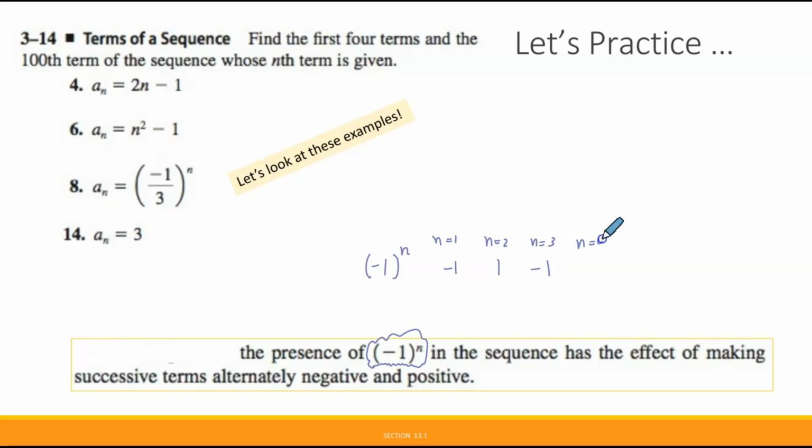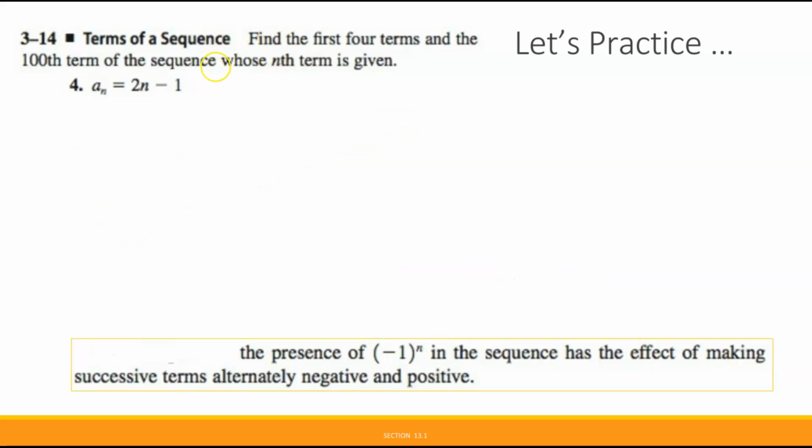N equals 4, negative 1 to the fourth is positive 1. And so what you can see is if our sequence alternates in sign, then negative 1 to the nth is what we'll see in the formula. Or if we're trying to figure out the formula, that's what we're going to write as the formula.